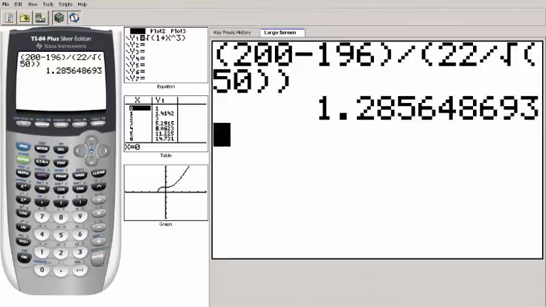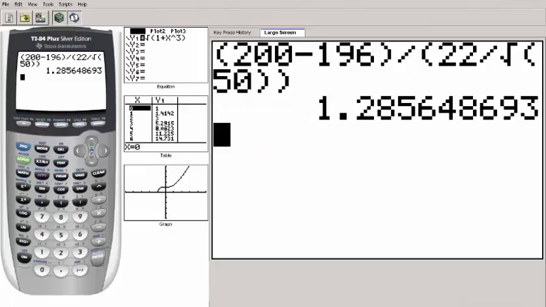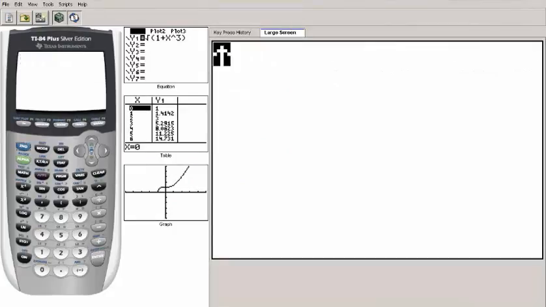Close my parentheses. We're looking at a z-score of 1.29. So the probability that z is less than positive 1.29. Whenever you have less than, that's what your normal distribution chart is based on, so you don't have to manipulate the number. You just look it up as 1.29 using normal CDF.